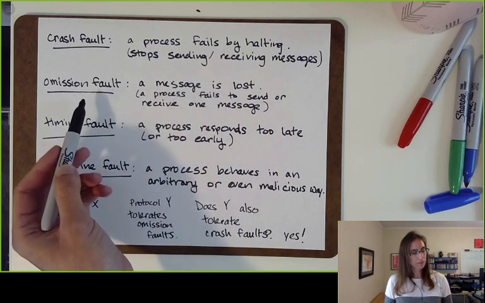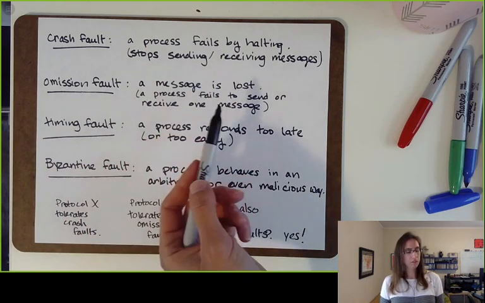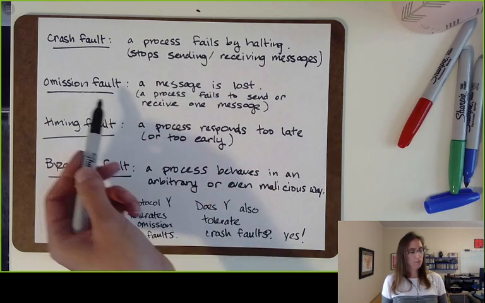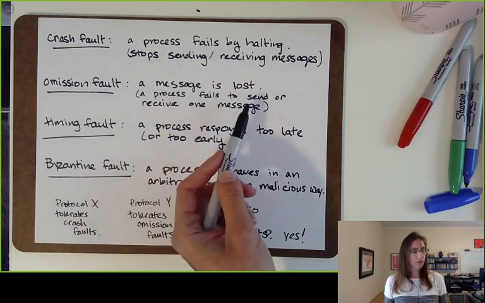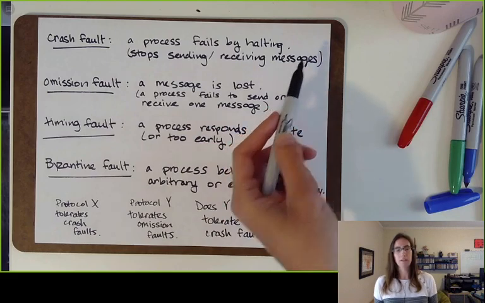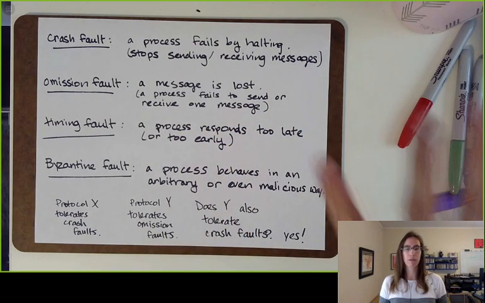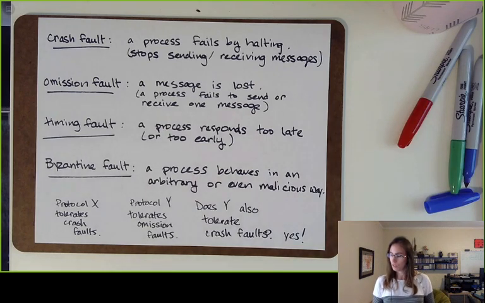So if you tolerate omission faults, which are faults where a message gets lost, and you could tolerate any number of those, then you also have to be able to tolerate crash faults, which you can think of as all of the messages to and from a particular process getting lost. So a protocol that tolerates omission faults also has to tolerate crash faults.